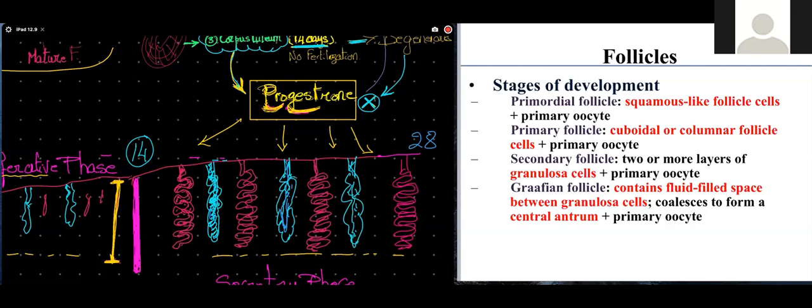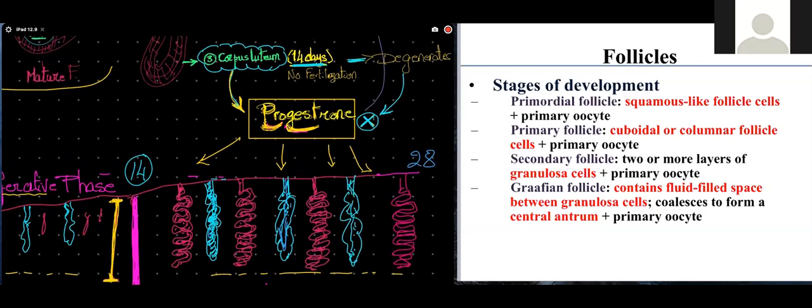So if I'm expecting a fetus to be formed, I need to prepare a suitable endometrial lining for it to get implanted in. So glands are going to be filled with secretions, blood vessels are going to be filled with blood to create a suitable environment for the fetus to be implanted, for the zygote to be implanted.